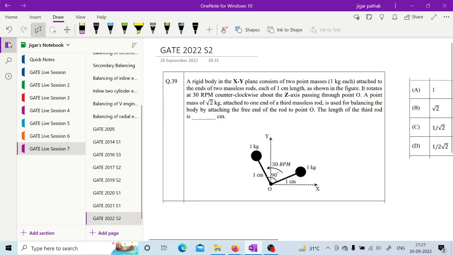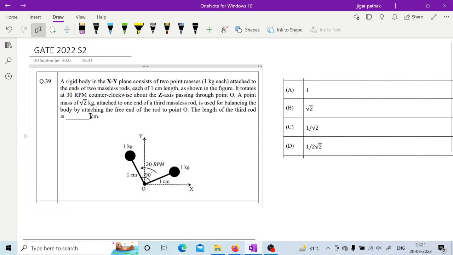Okay. So the last one is this one. A rigid body in the xy plane consists of 2 point masses, 1 kg each, attached to the ends of two massless rods, each of 1 centimeter length, as shown in the figure.